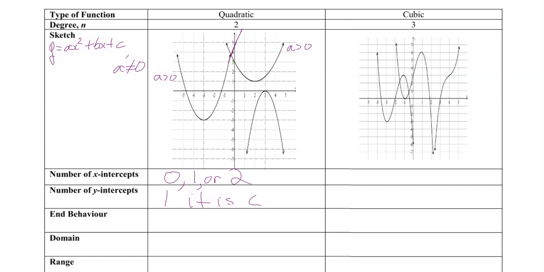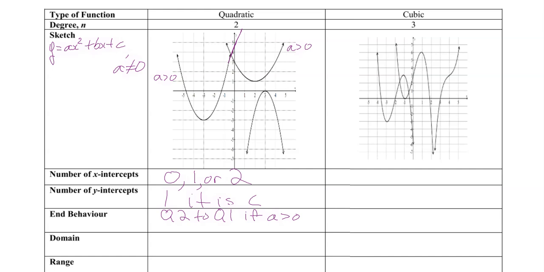So if a is greater than 0, what's the end behavior? On the left, where are we? Quadrant 2. And on the right, where are we? So we're going Q2 to Q1 if what? A is greater than 0, right?